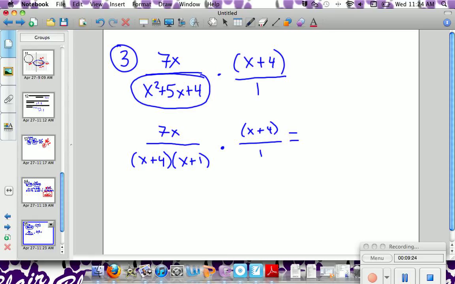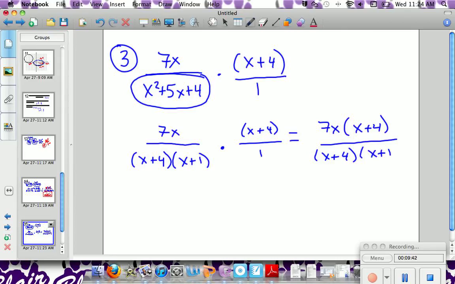Now I'm going to multiply straight across and create one big fraction. I do not want to distribute. I want to keep everything outside of the parentheses. So 7x times x plus 4. Keep it in simplest form. Do not FOIL. All over, I've got x plus 4 and x plus 1.